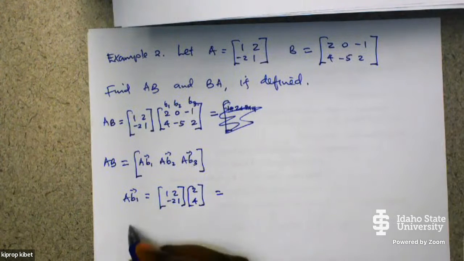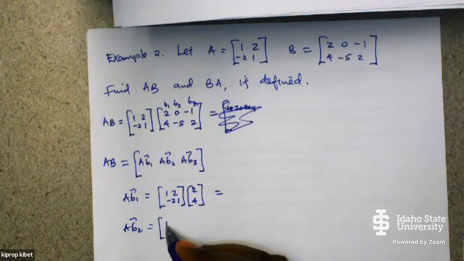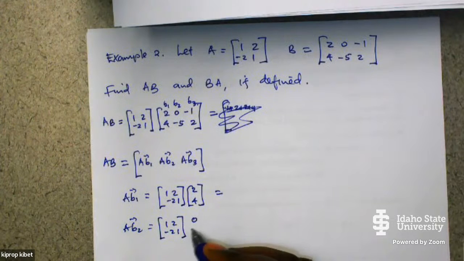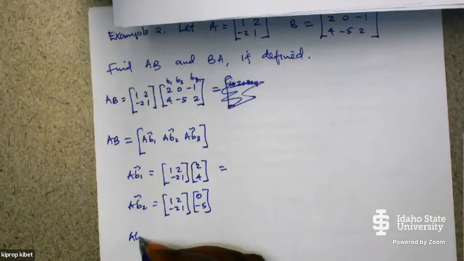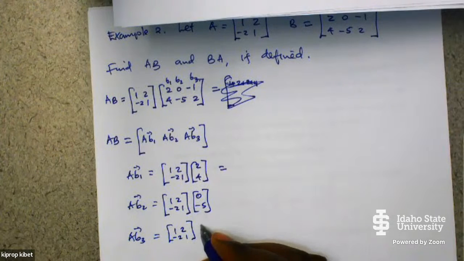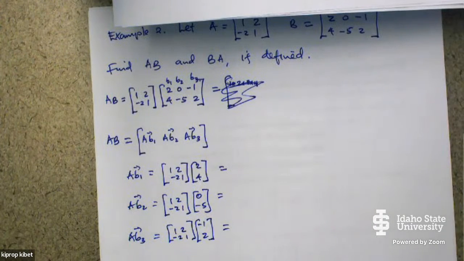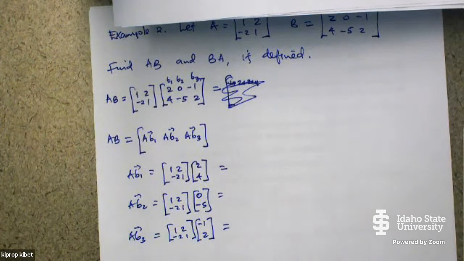A B2 is the same as multiplying by 0, negative 5. And A B3 is multiplying by negative 1 and 2. Okay, so that is how we multiply.